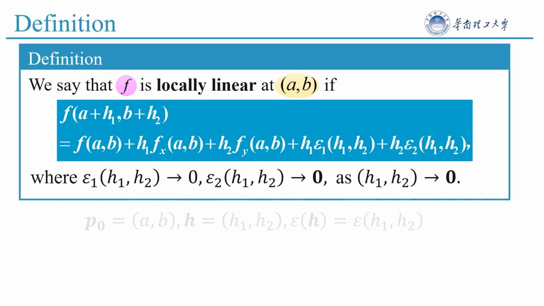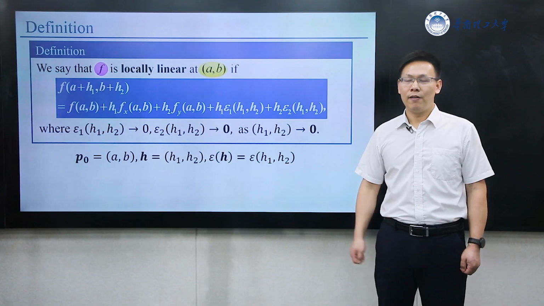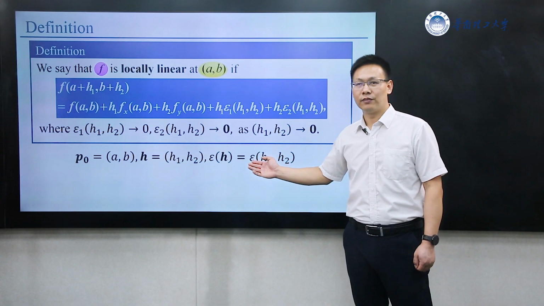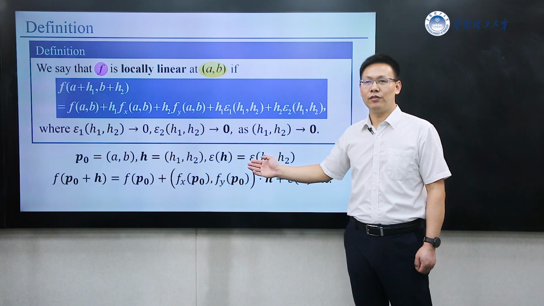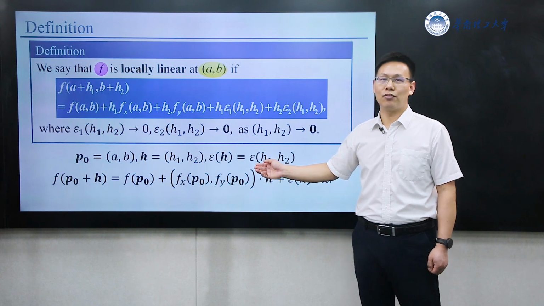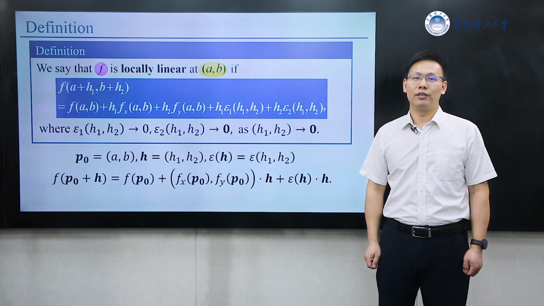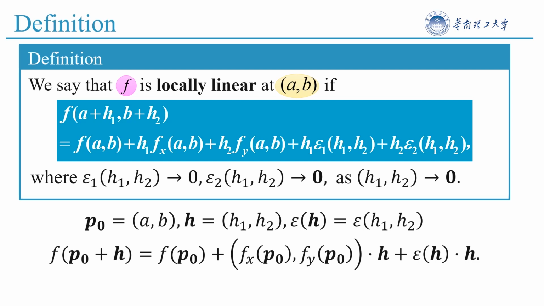We can simplify the above definition by defining the following vectors: p0 equals (a,b), h equals (h1, h2), and epsilon(h) equals (epsilon 1, epsilon 2). Thus, we have the following equation.